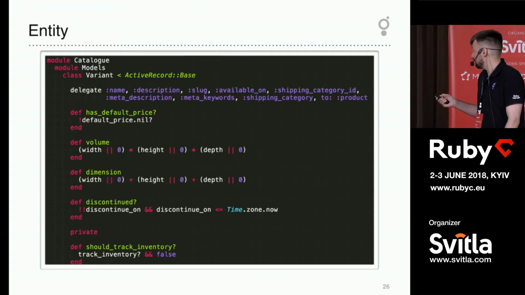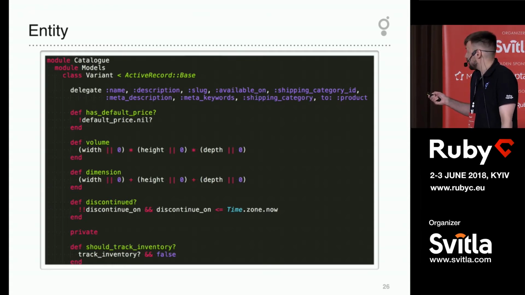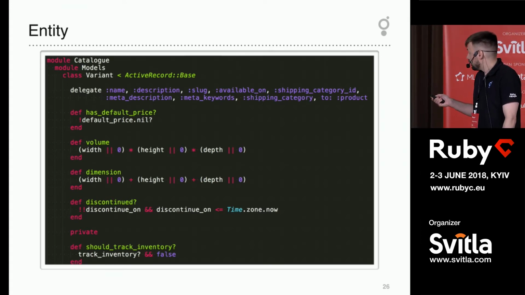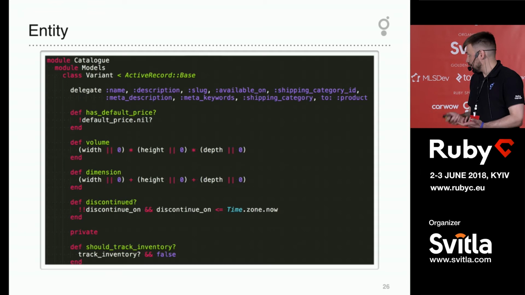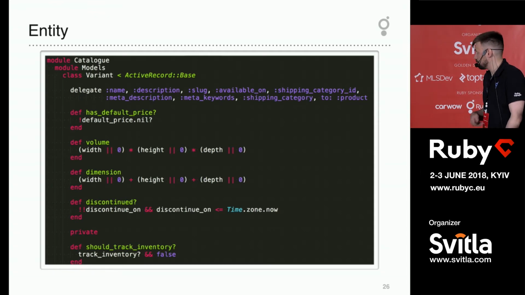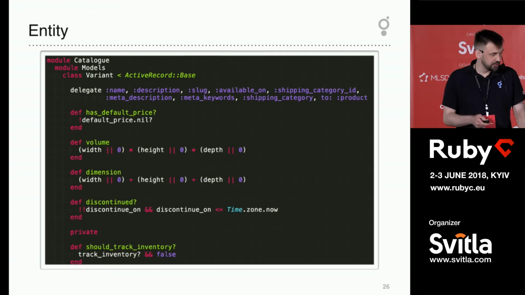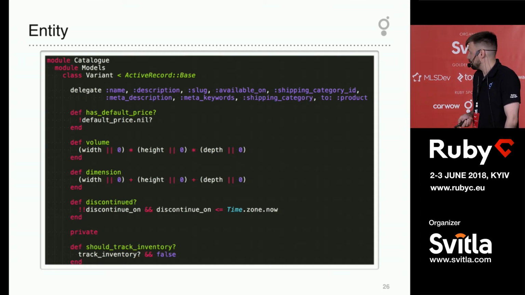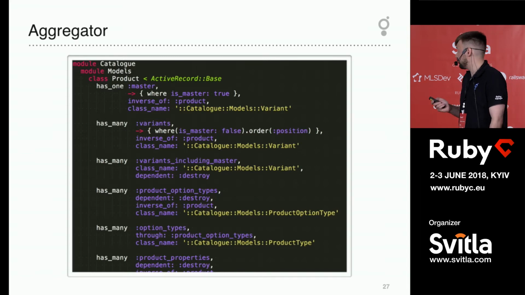About the entity: this is an Active Record base class, but as you can see, we have only some methods and functions that manipulate this type of data, and typically we do not provide the ability to communicate with this kind of object directly. And we have the aggregator.